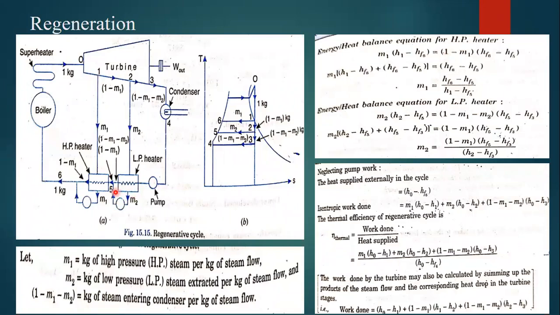And for high pressure turbines, we go for 5 to 7 feed heaters.